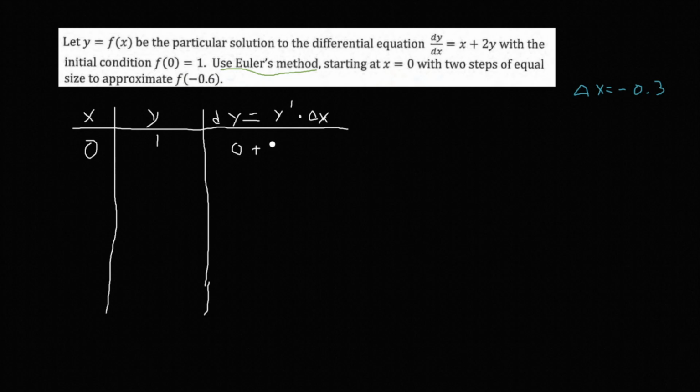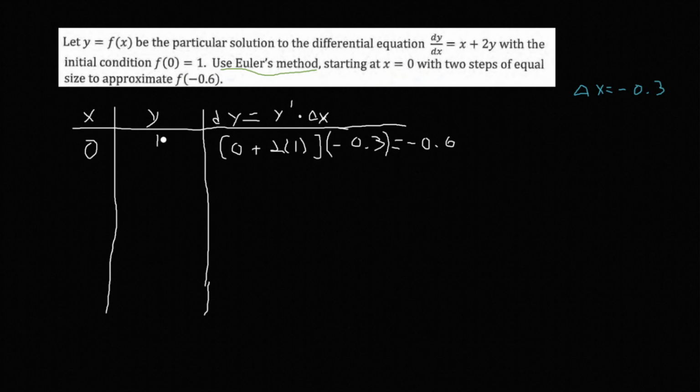So 2 times 1 is just 2. And then we're going to multiply this by our negative 0.3, which is negative 0.6.